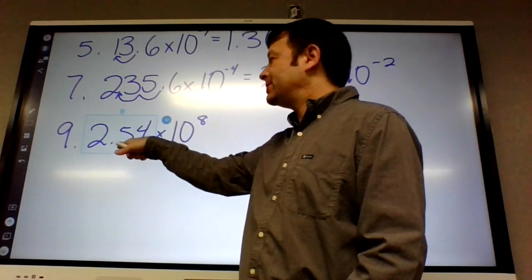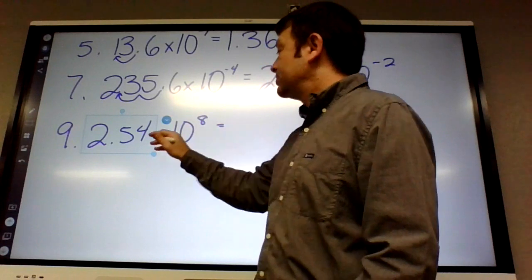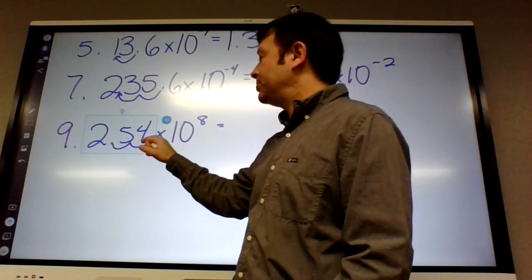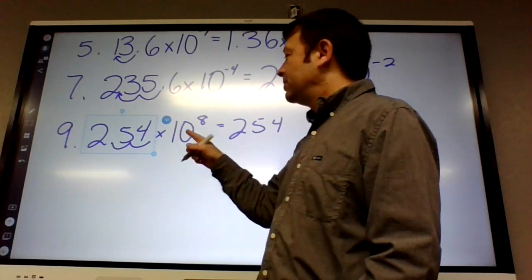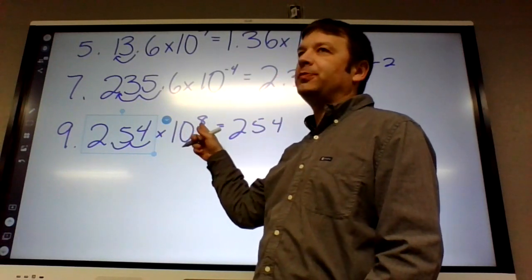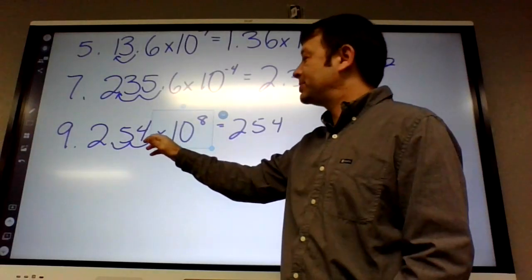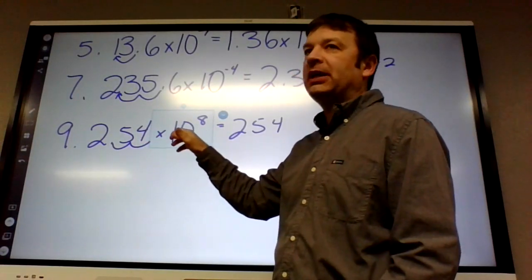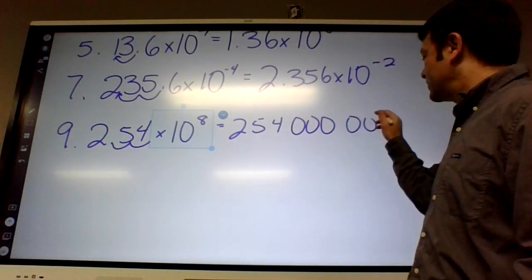Multiplying by 8 10s, so the decimal is going to move 8 times to the right. So 1, 2 gets me past the 4. And then there's 6 more moves. So guess what's going to happen when I move the decimal 6 more times? Add 6 zeros. So 1, 2, 3, 4, 5, 6.